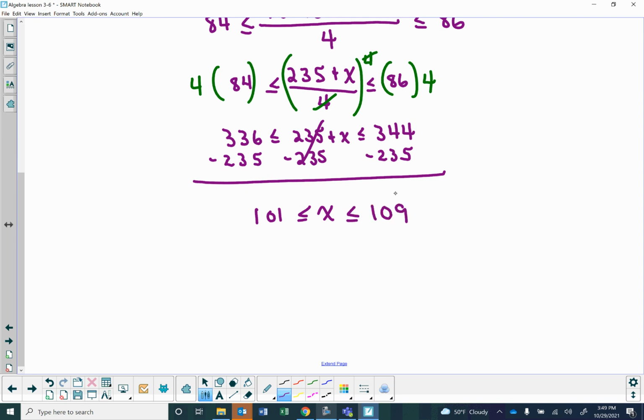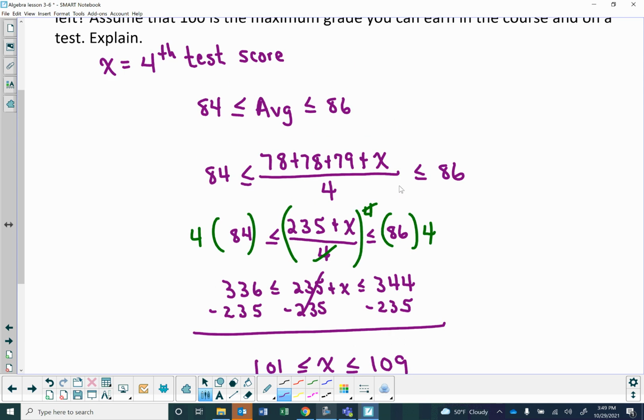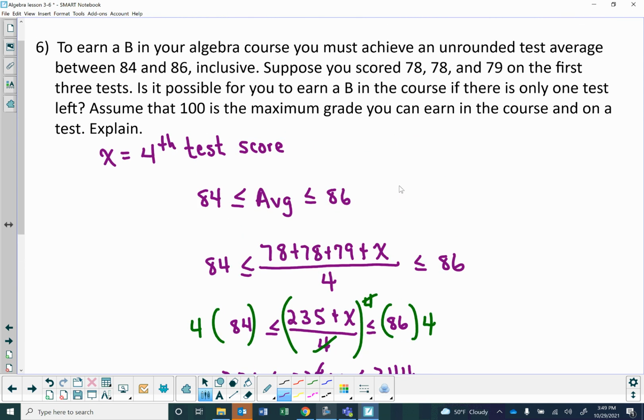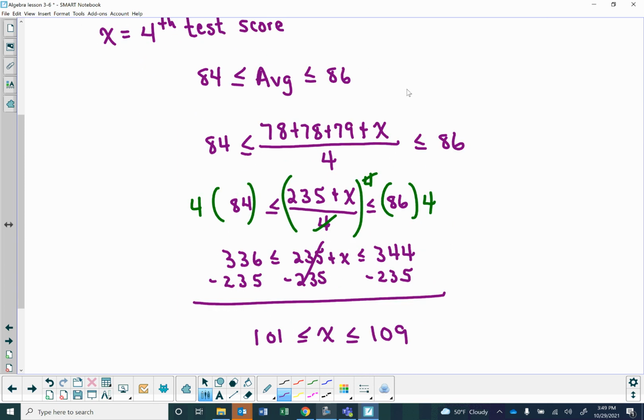So the answer to the question, though, said, in order to get a B, you have to score between 84 and 86 points inclusive. The maximum test grade you can get, though, is 100. So is it possible for you to get a B in the course?